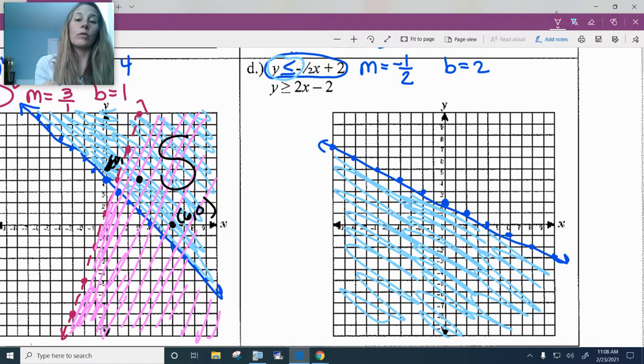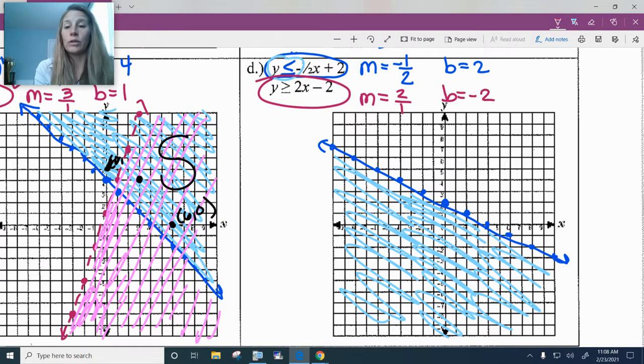Okay, so now let's go to our next inequality. Our slope here is 2, or 2 over 1. Our b, or our y-intercept, is negative 2. So beginning at the negative 2, I'm going to rise 2, go over 1. Rise 2 over 1, rise 2 over 1, continuing all the way across my coordinate plane.